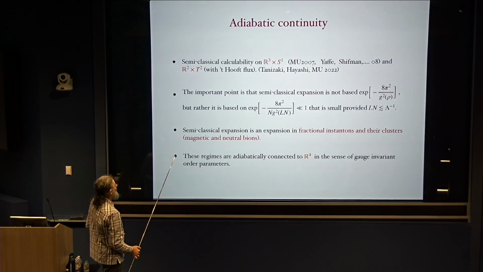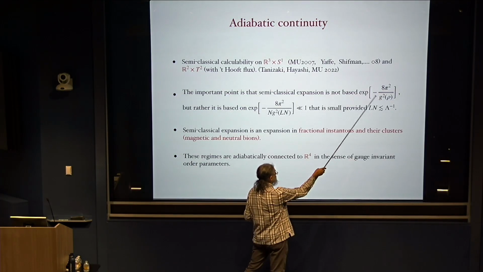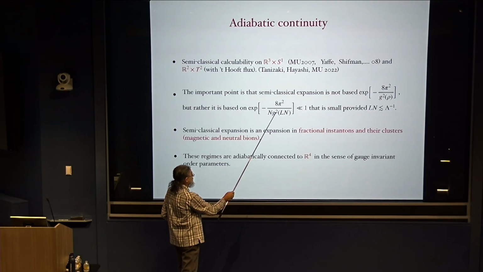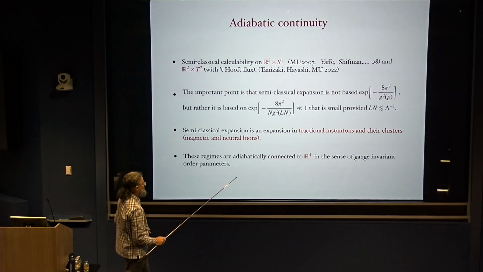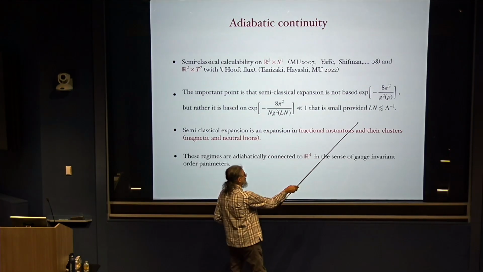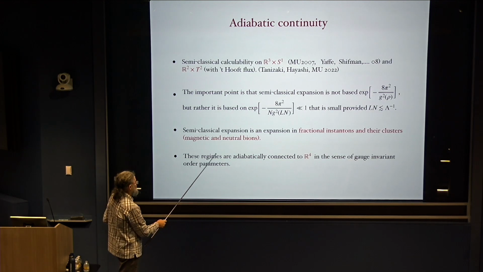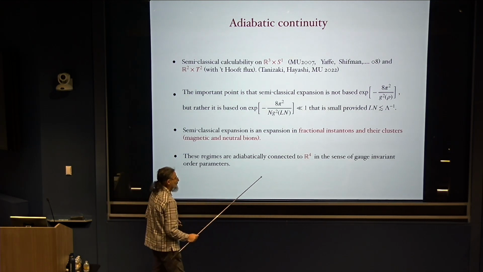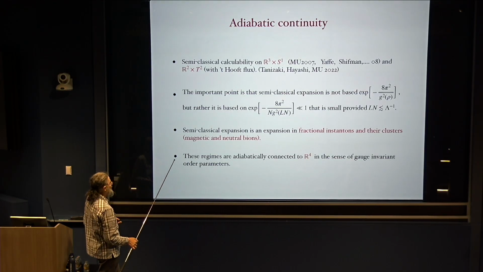The very important fact in these cases is that the semi-classical expansion parameter is not the instanton factor, but the exponential of the instanton factor divided by N. And the semi-classics is reliable provided this L N is less than lambda inverse. So as I said, the semi-classical expansion is an expansion in these fractional instantons or their clusters called bions.